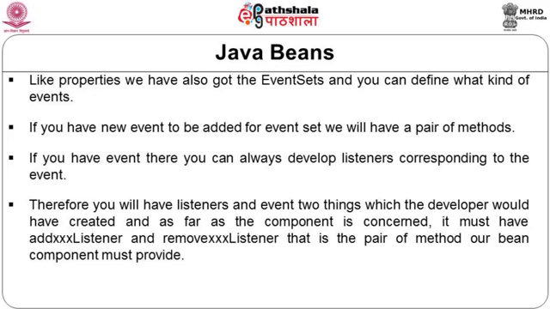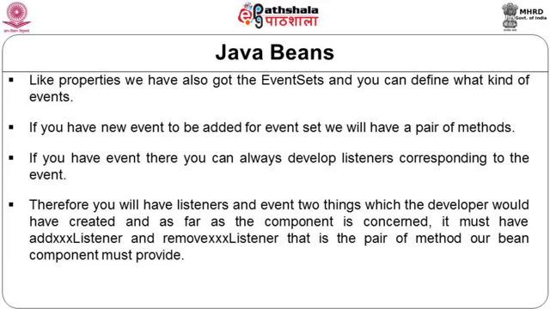Like properties, even event sets are there. You can have events, and you can define what kind of events. If you have any new events to be added for any event set, we will have a pair of methods. If there is an event, you would have developed not only the event, but corresponding to the event there should be the listeners.